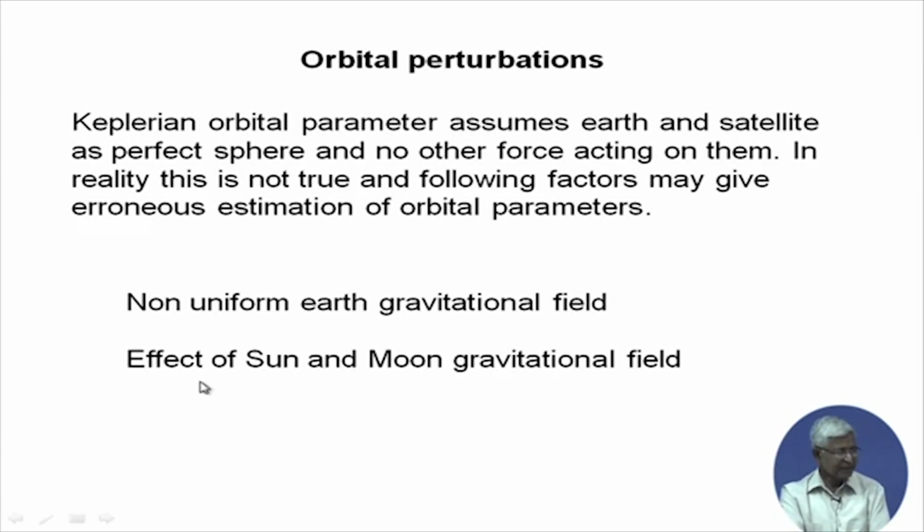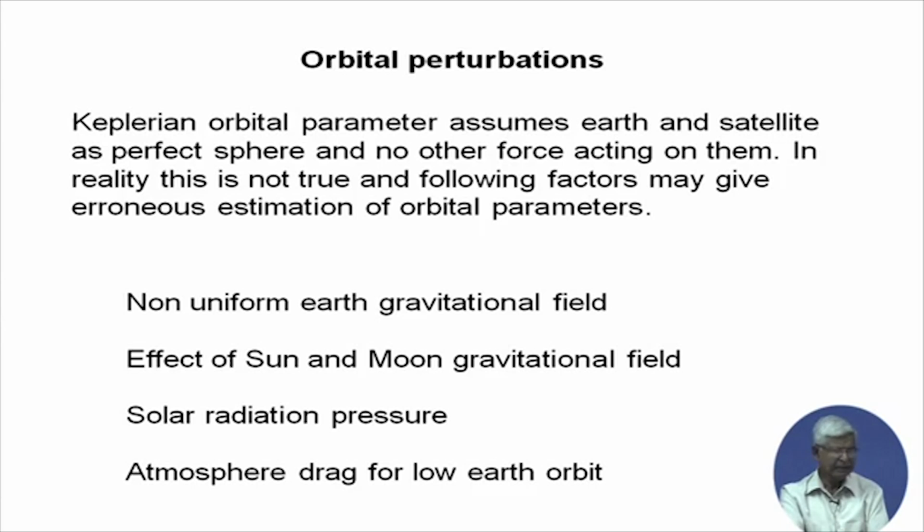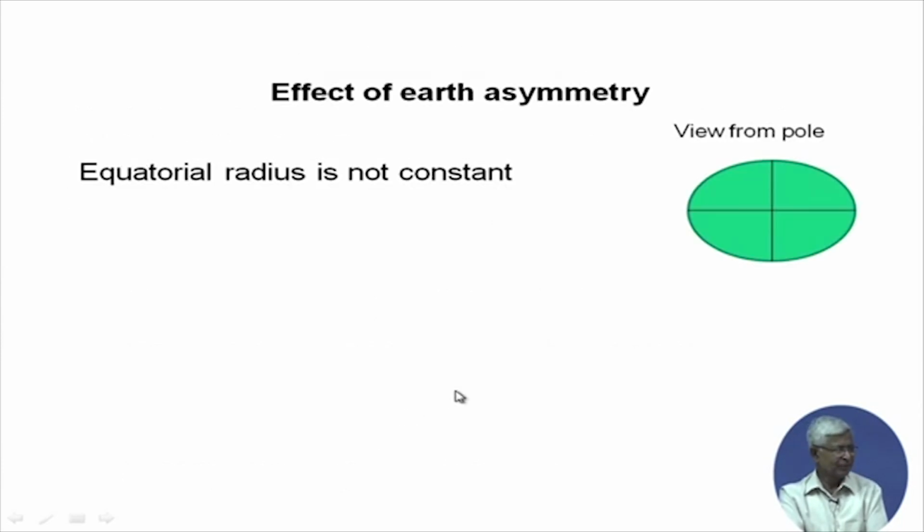Then there is the effect of the sun and moon, their gravitational field. Then there is solar radiation pressure. Solar radiation puts some pressure on the surface of the satellite, which has solar panels. And if it is a lower Earth orbit, you will have atmospheric drag, which will slow down the orbit. These are some of them. Let us look at each of them very briefly.